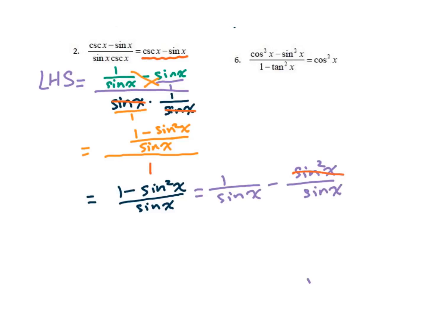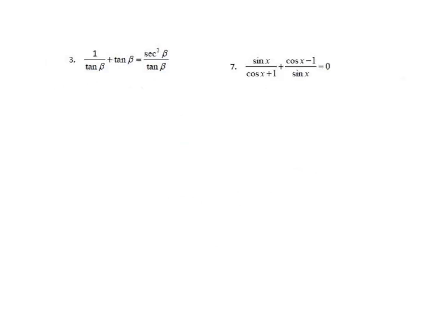Then we can reduce, this is 1, this is sine x. Therefore, 1 over sine x, we know that's cosecant x, minus sine x. That equals the right-hand side. We finish proving. Let's go to number 3.